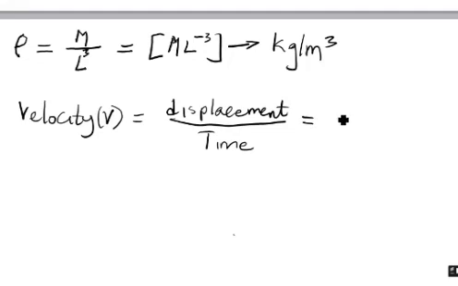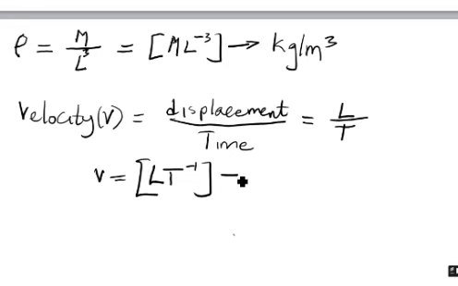Displacement is related with length, and this is time. So the dimension of velocity v will give you L T minus 1, and the SI unit of velocity is meters per second.